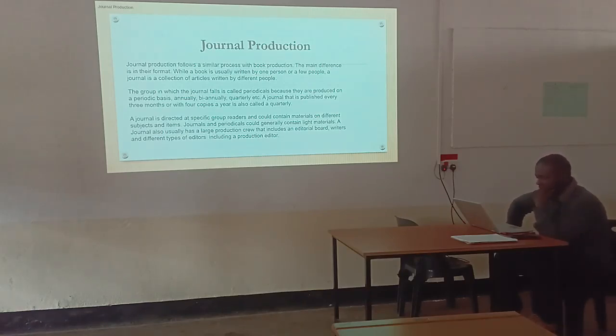And usually here they also talk about containing light materials, right? When you think about a journal and light materials, not just light materials, because if you think about breaking news or heavy concentrated, deep material, you find it in the book, right?